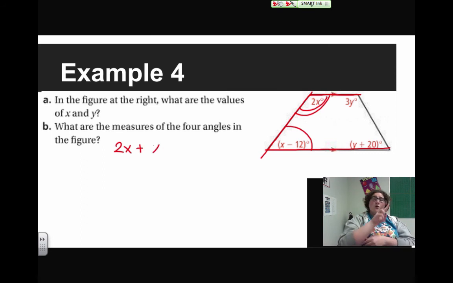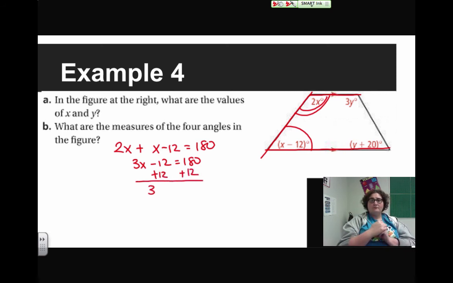2x plus x minus 12 equals 180. I'm going to combine like terms, so I have 3x minus 12 equals 180. I'm going to add 12 to both sides, and I get 3x equals 192. I'm going to divide both sides by 3, and I get x equals 64.